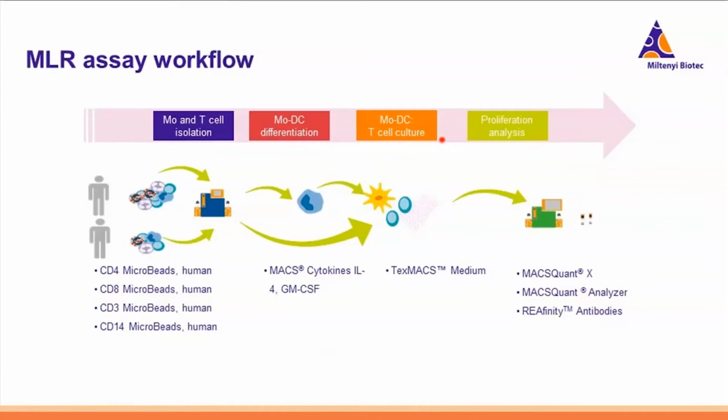DC and T cells are cultured together, and here TexMACS medium is ready to feed. And eventually, T cell proliferation, activation, etc., could be analyzed with MACSQuant analysis using REAffinity antibodies.